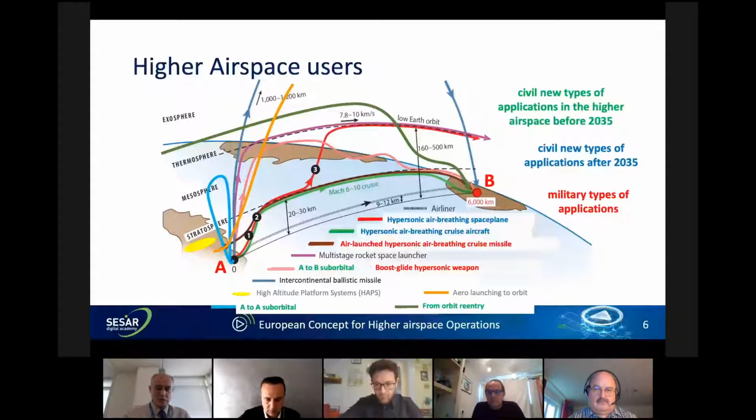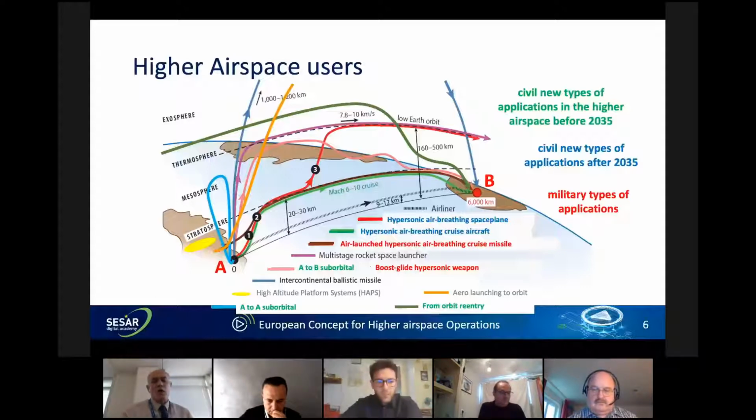So it's clear that without clear air traffic management, it will not be possible to safely operate this kind of vehicles. It's not only a collision matter, it's really a matter of management of airspace.